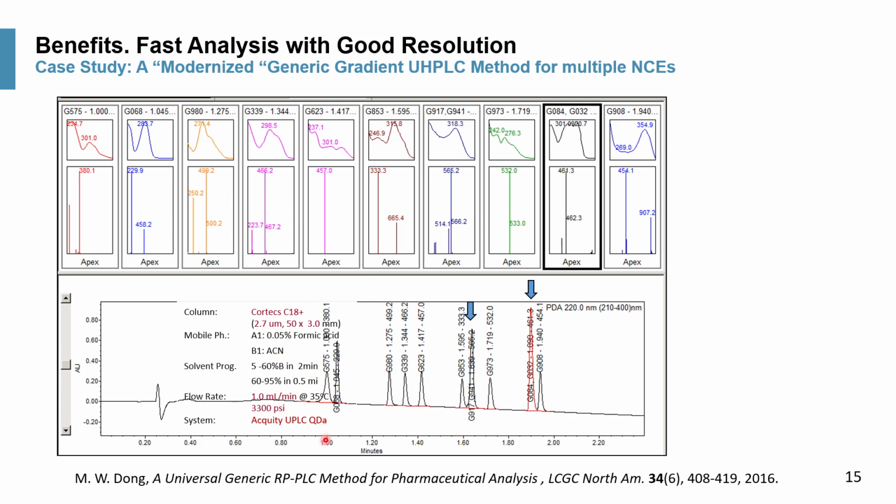Shown here is the separation of 12 NCEs, or new chemical entities, in under 2 minutes. I'm using a QDA, a single quad mass spec, with a UPLC from Waters, which allows me, using Empower, to pull out the mass spec and also the UV spectrum. So this is a very nice generic method that most people can adopt very quickly.